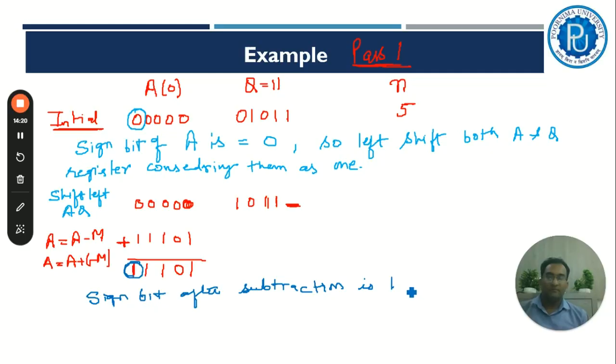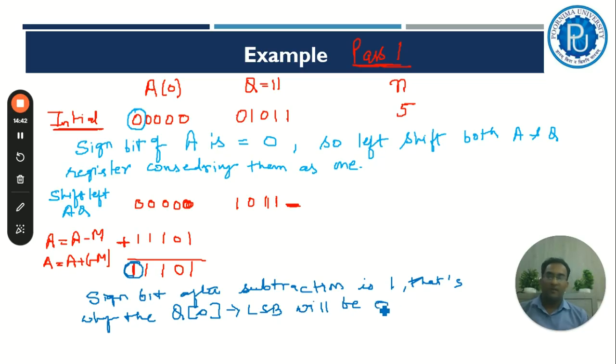That's why the 0th index value of the Q, that is the LSB, will be 0.